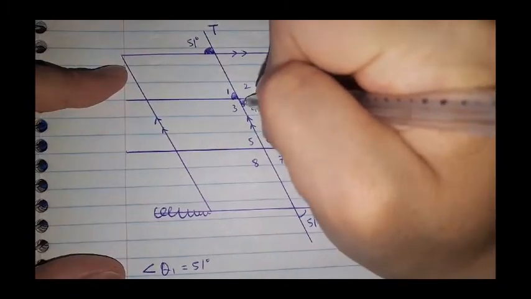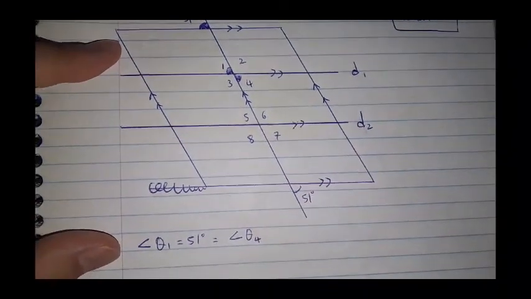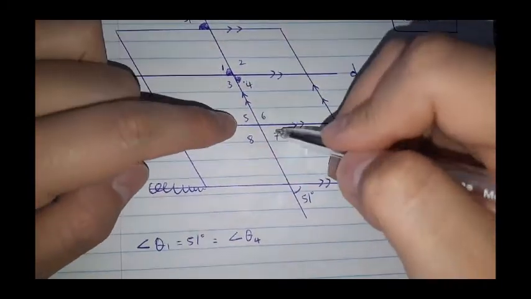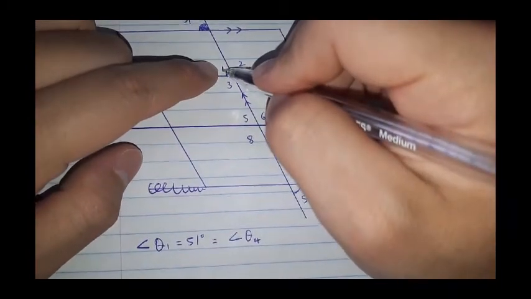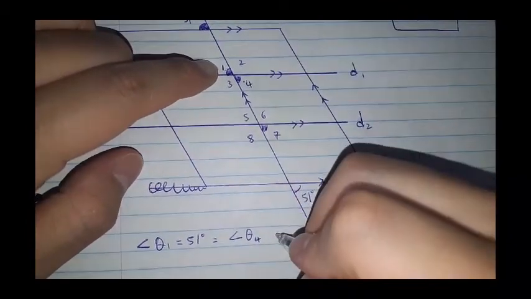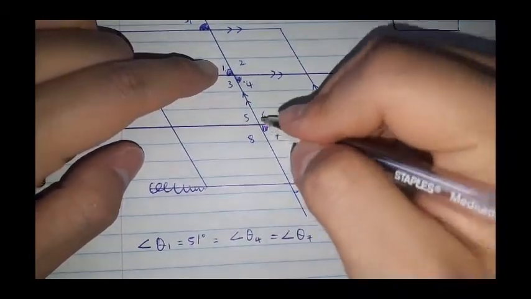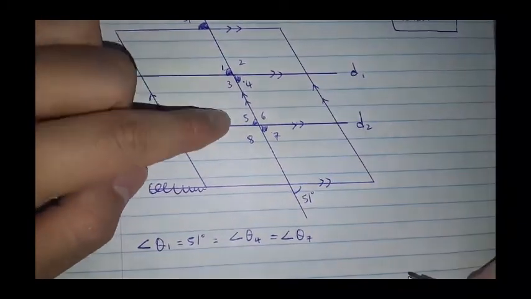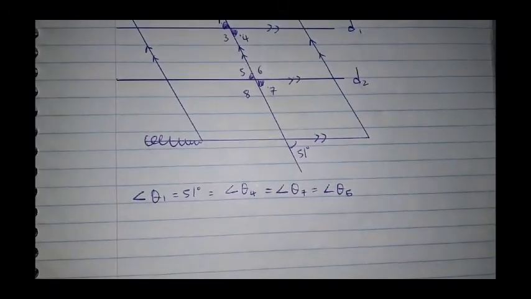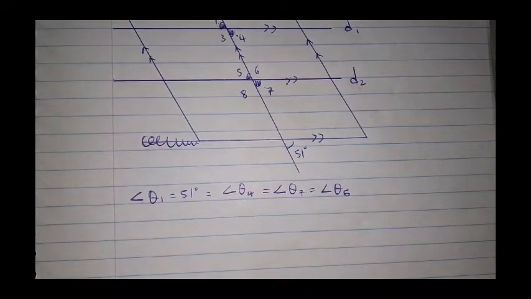This 51 degrees should also be the opposite angle, theta 4. That means theta 1 has its corresponding pair, theta 7, which should also be 51. And theta 7's opposite is theta 5. So, long story short, theta 1, 4, 7, 5 should all be equal to 51 degrees.